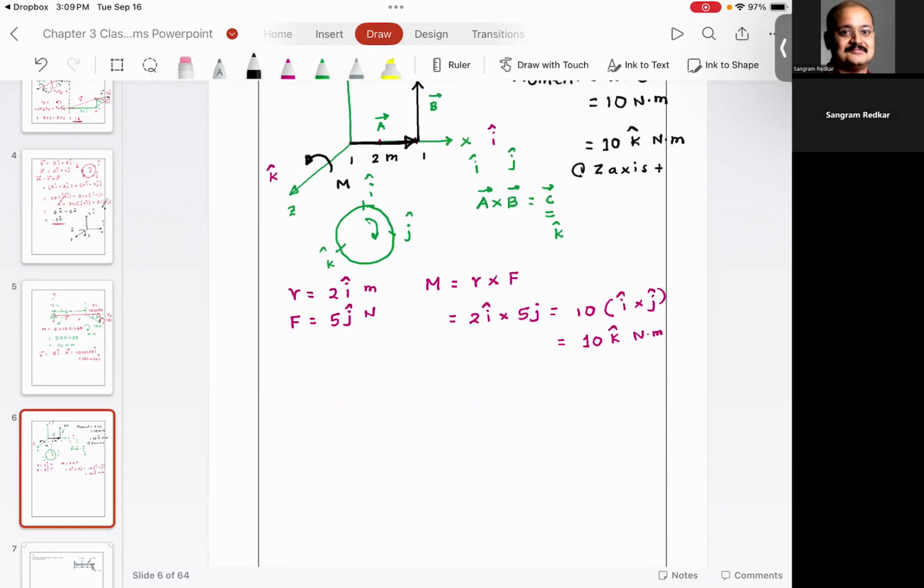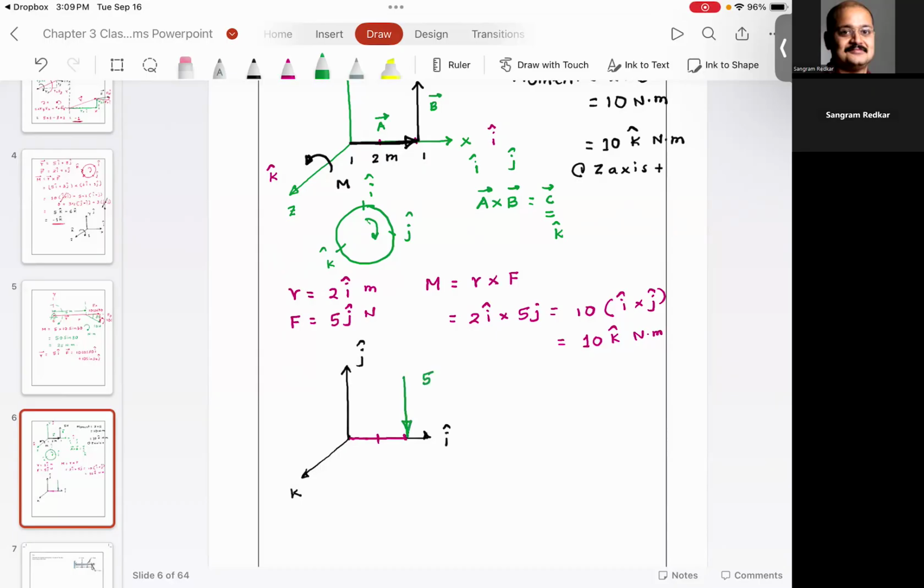Imagine same setup, with I, J, and K. Your radius again is 2I, but the force, instead of going up, is going down.